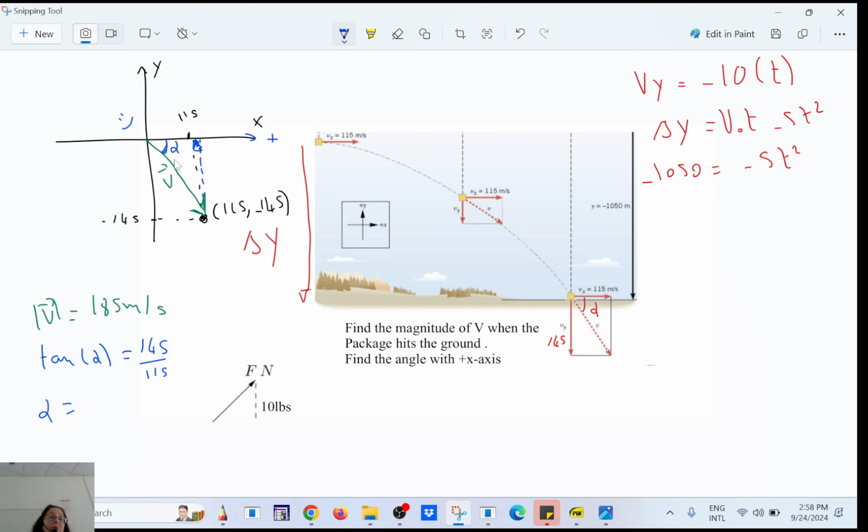So 52 degrees. This is 52 degrees, but relative to the positive x-axis, I can put 52 degrees. But when I write that down, the velocity has a magnitude of 185 meters per second at minus 52 degrees. Okay, that's one way.